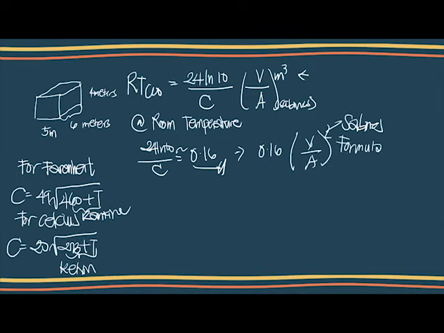This is only used when we don't know C, but usually we assume that the scenario is at room temperature, so that's 0.16 V over A.